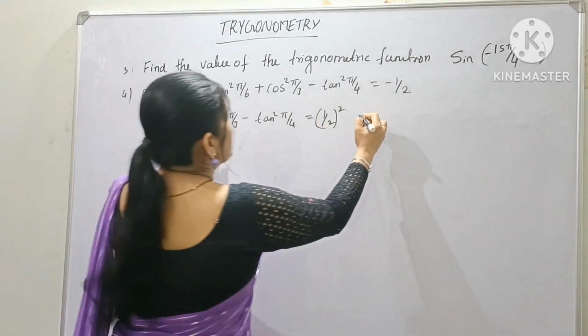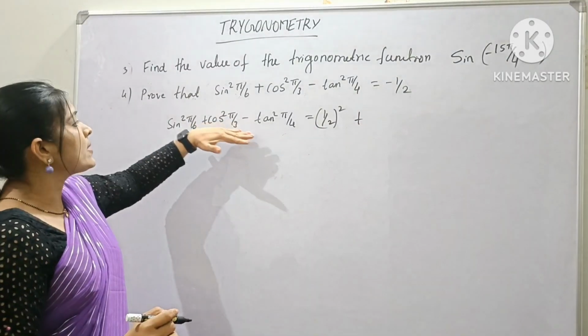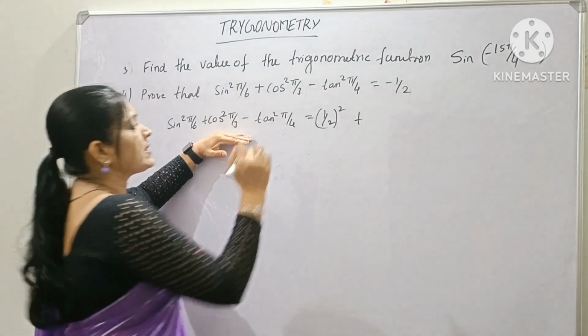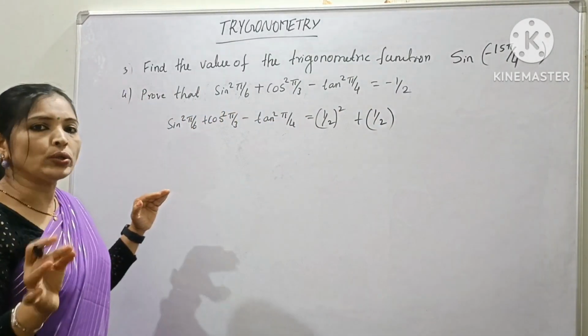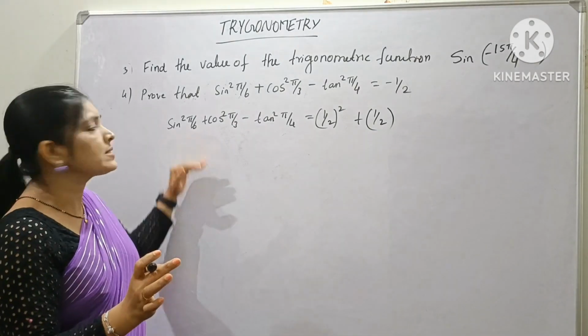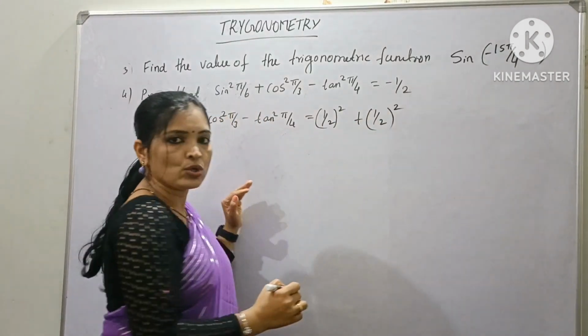Plus cos pi by 3, that is cos 60. Cos 60 is 1 by 2. Sin 60 is root 3 by 2. So cos square pi by 3 is 1 by 2 square.